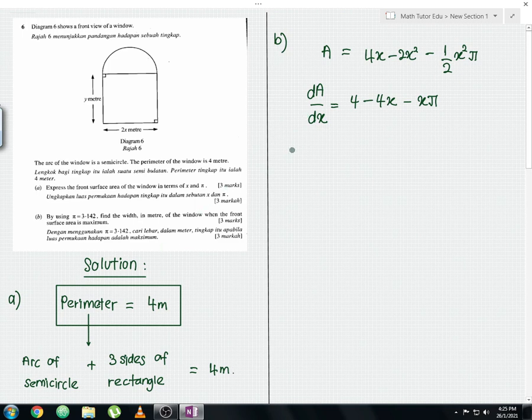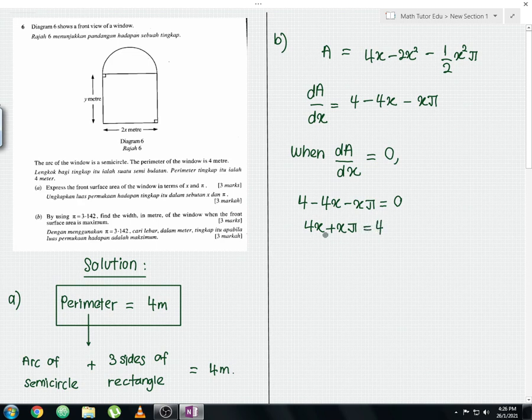So when dA over dx equals 0, we have 4 minus 4x minus x pi equals 0. Let us group the x variable aside and the number aside. The negative 4x and negative x pi, we move over to the right hand side, so you get 4x plus x pi equals 4.